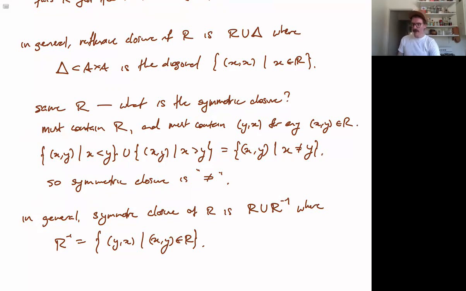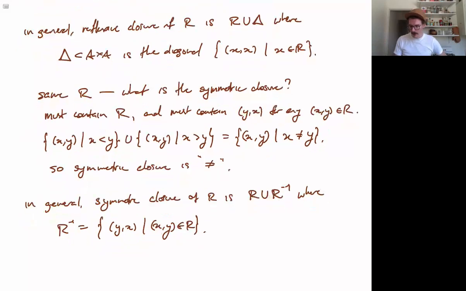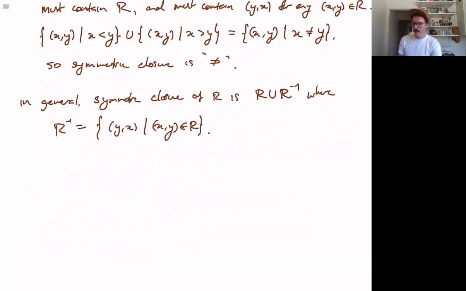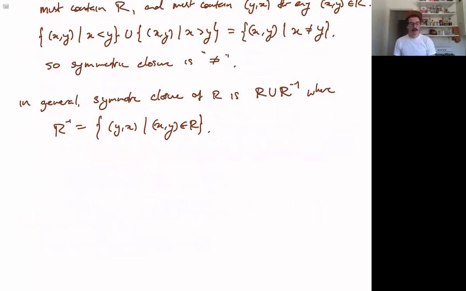And finally, let's do an example of transitive closure. So the R that we're dealing with now is already transitive. So its transitive closure would be itself. So let's consider something else.